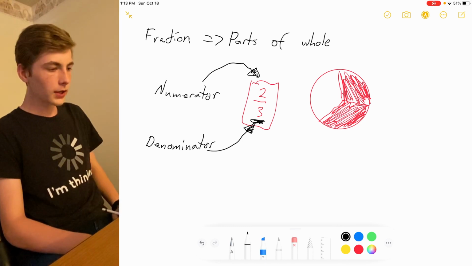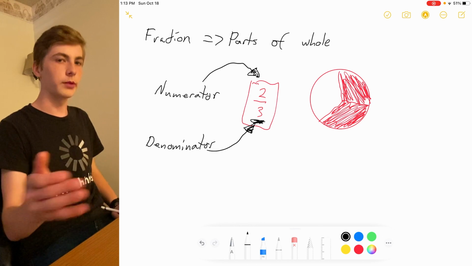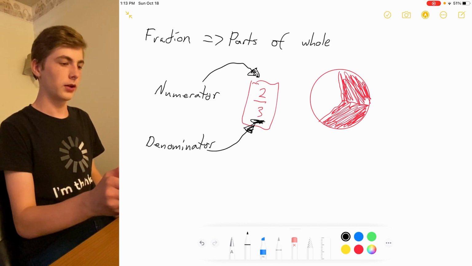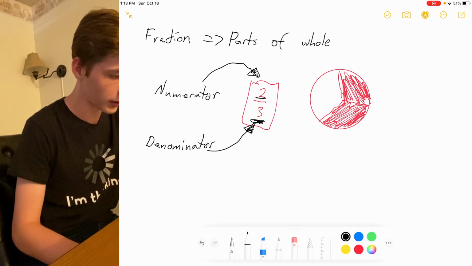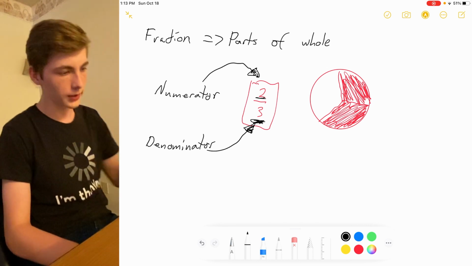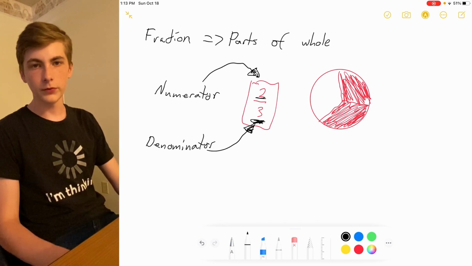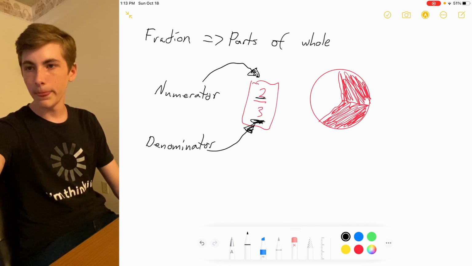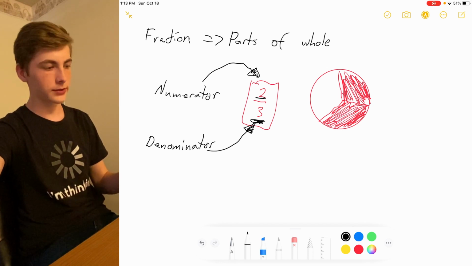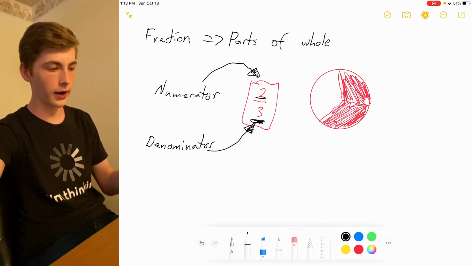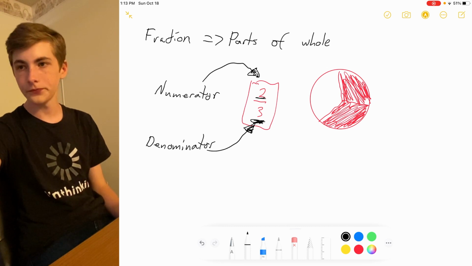The numerator tells us how many parts are filled in. It was 2 in this case because we had 2 sections of the circle colored in. So the numerator tells us how many we have, and the denominator tells us how many we want to have to make a whole, right?